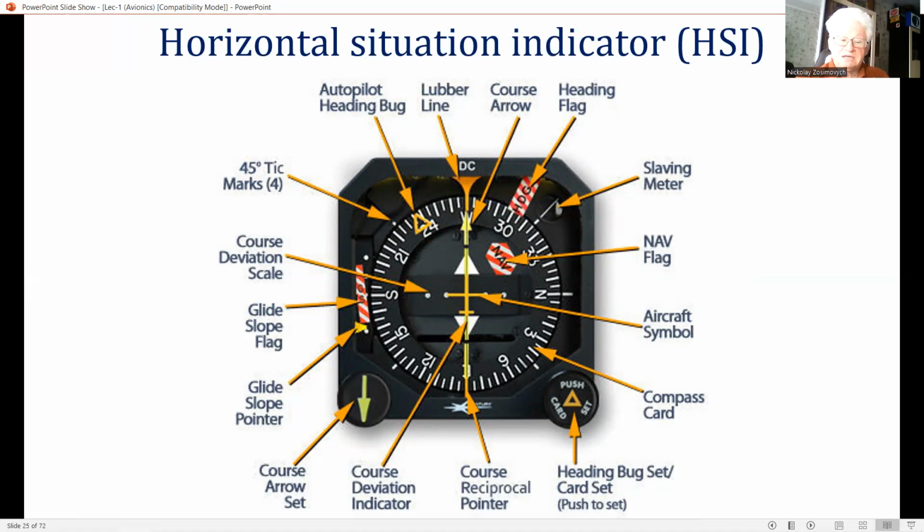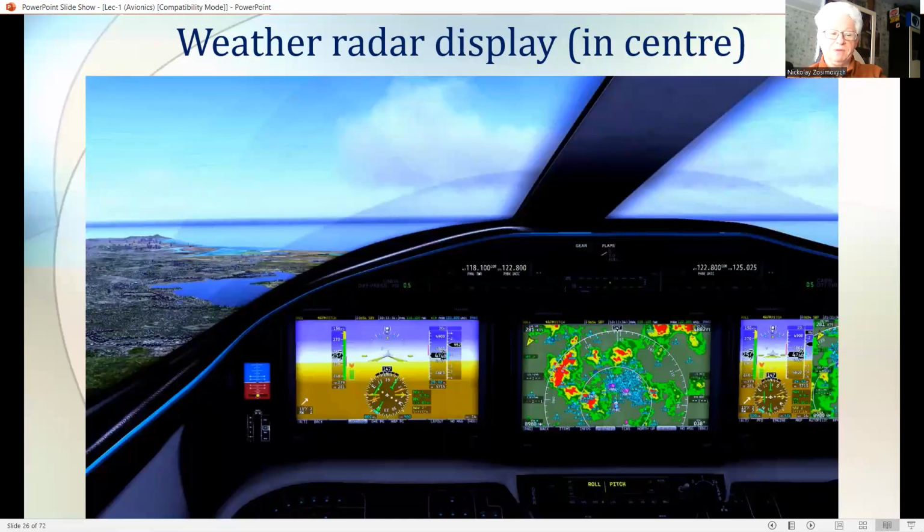This display shows the aircraft position and track relative to the destination or waypoints, together with the navigation information and distance and time to go. The weather radar display can also be superimposed on the HSI display.